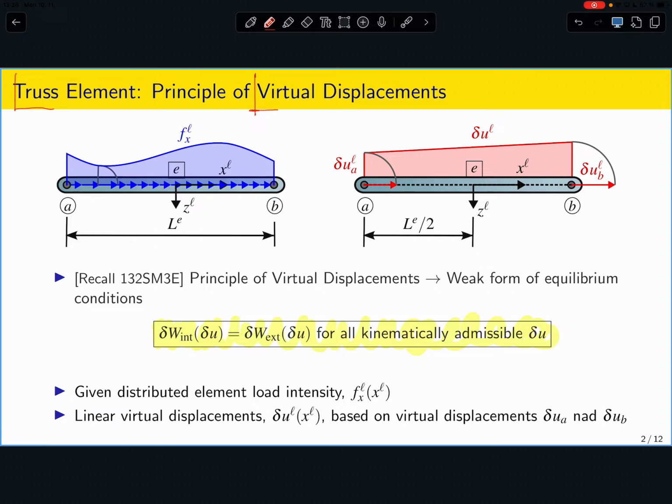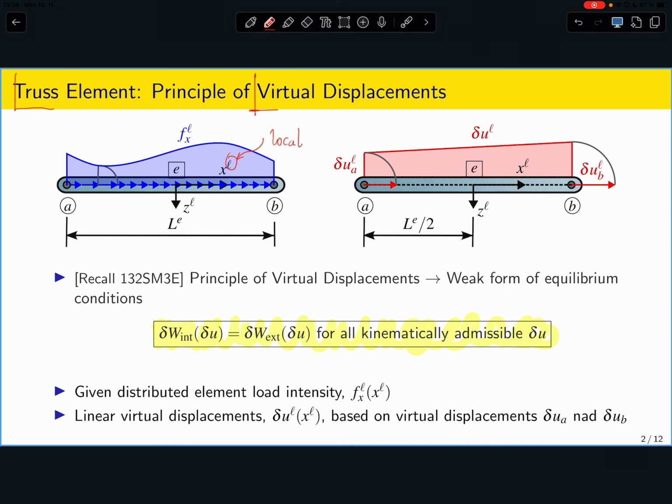On the scheme on the left, this is demonstrated by the x_L axis, which is the local coordinate axis. Here is that vertical coordinate axis, and again I would like to remind you that this stands for local.